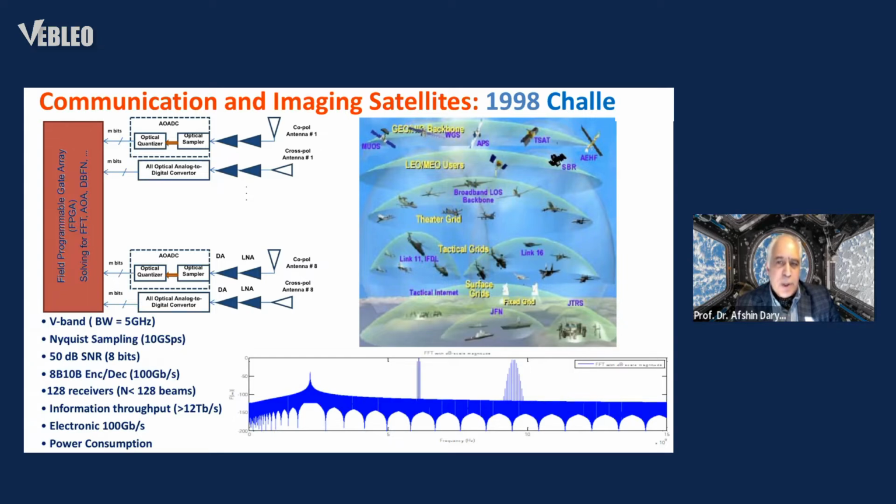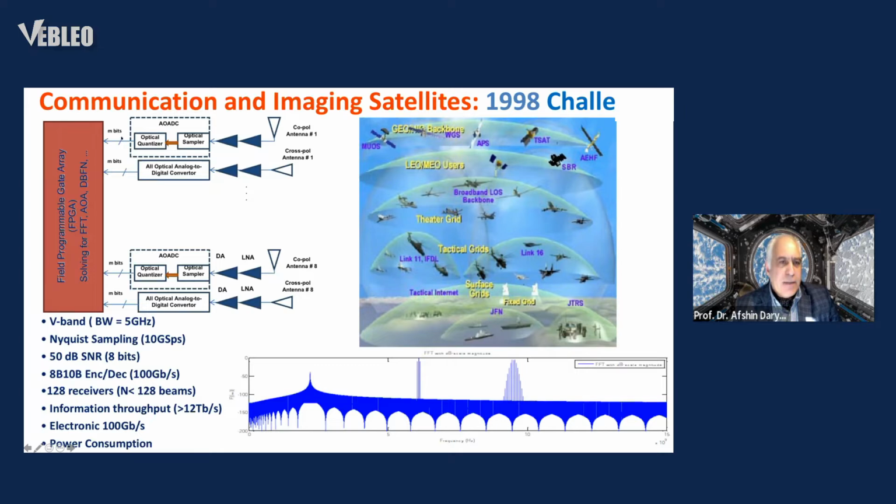This challenging problem is quite suitable for a variety of applications related to remote sensing and telecommunications as well. In particular, as shown in the block diagram, you have a phased array antenna, and you can take advantage of the copole and cross-pole antenna structures and take the information in a polar format and input it to the all-optical ADC using direct digital conversion.